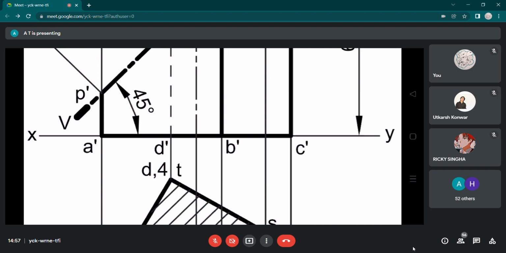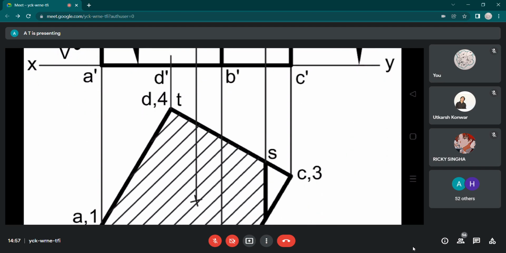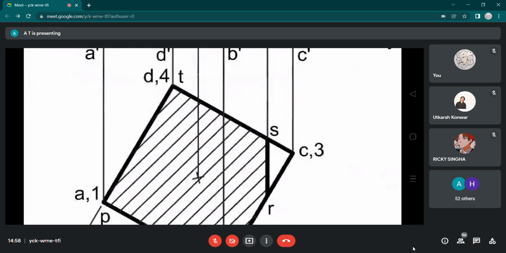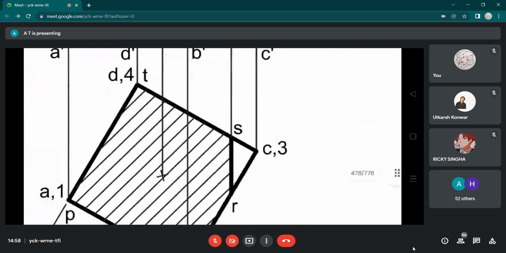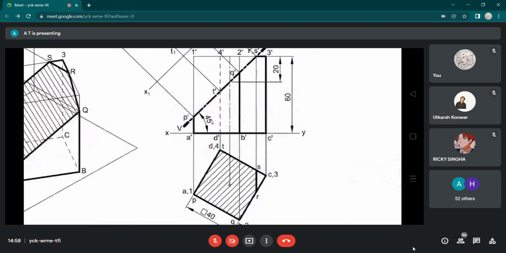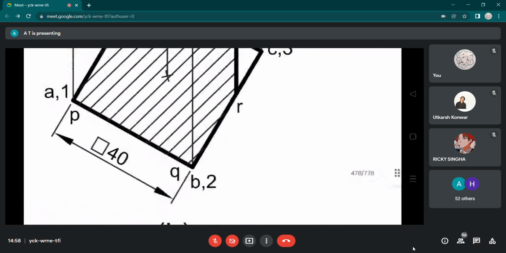If you get A dash, that means this A, if you get this A dash, if you can get this C dash, if you can get this D dash, and if from B you get B dash.